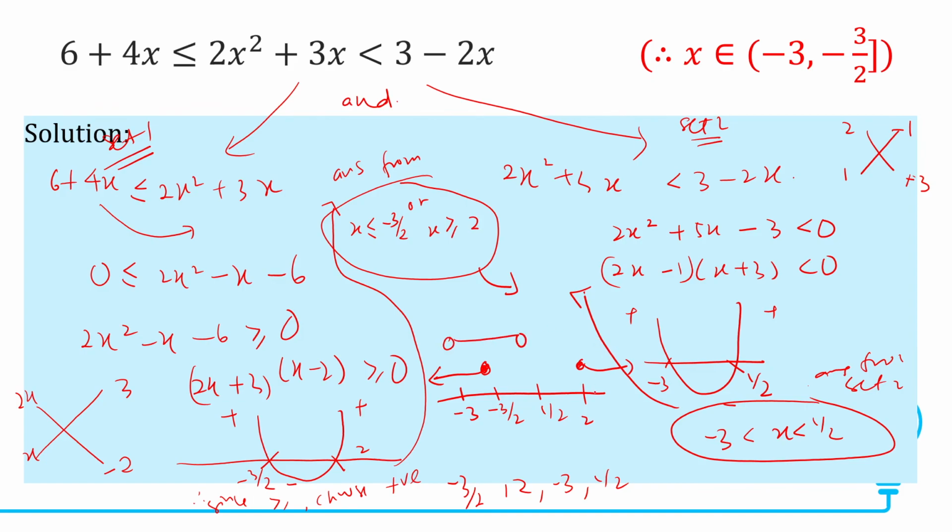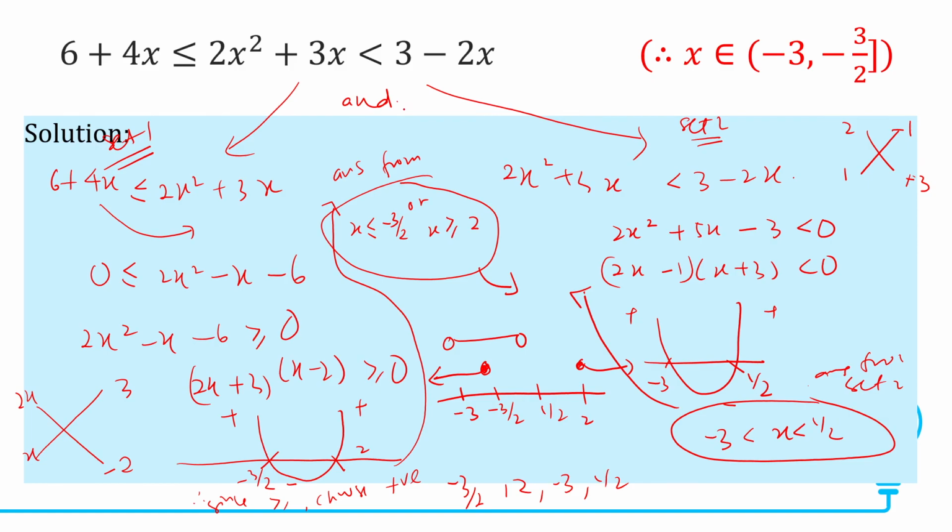Now why this? You have to remember the answer from set 1 is one pair of answers, so that's why they are on the same line. This one is not from the same set, that's why it's above. Or you can draw it below, doesn't matter.